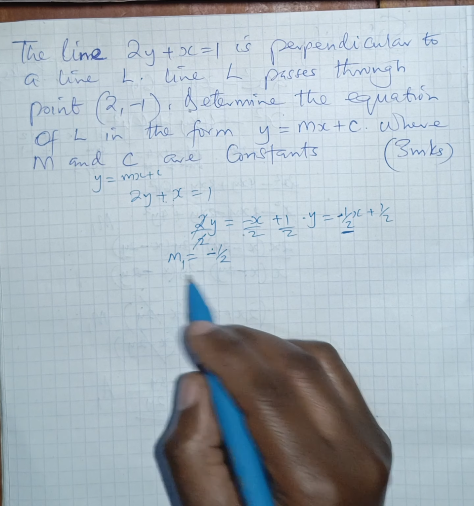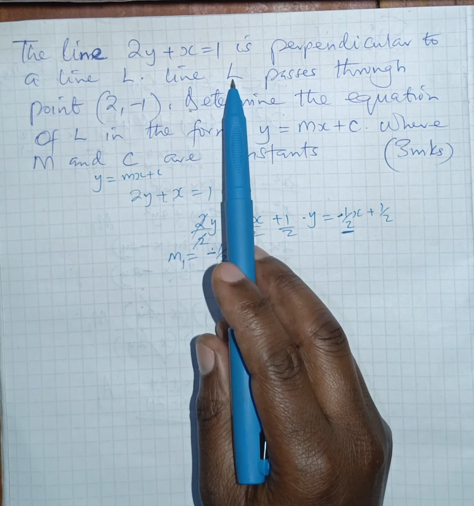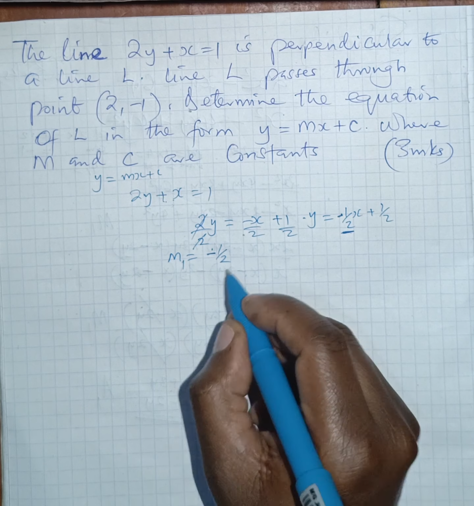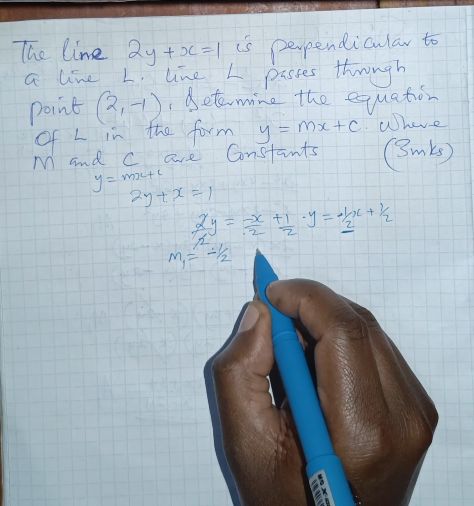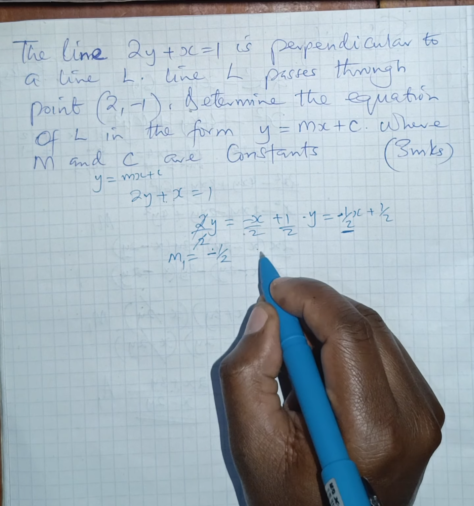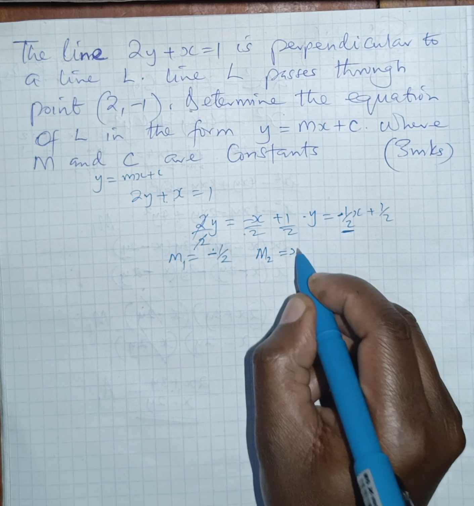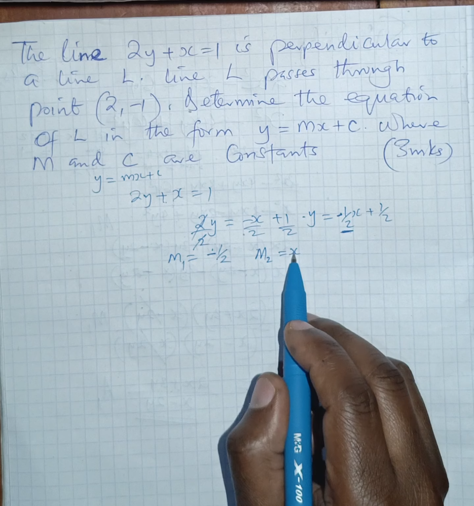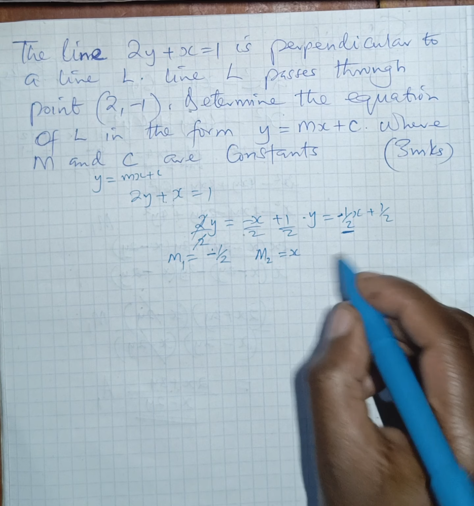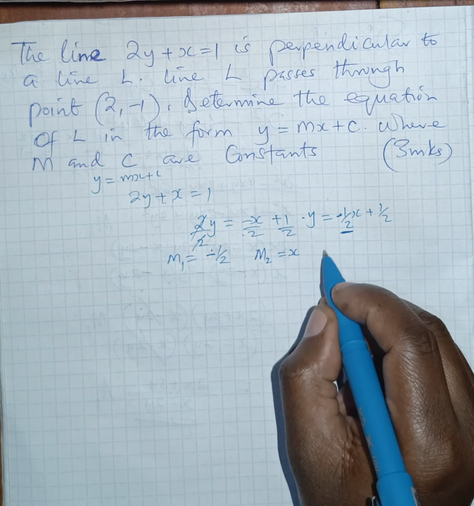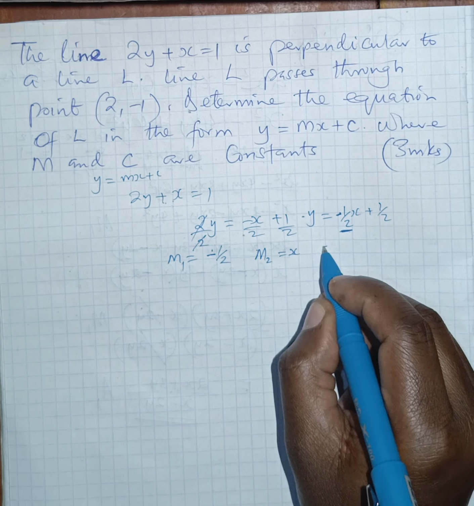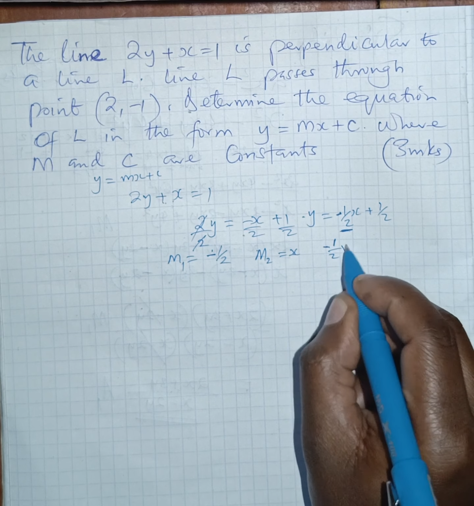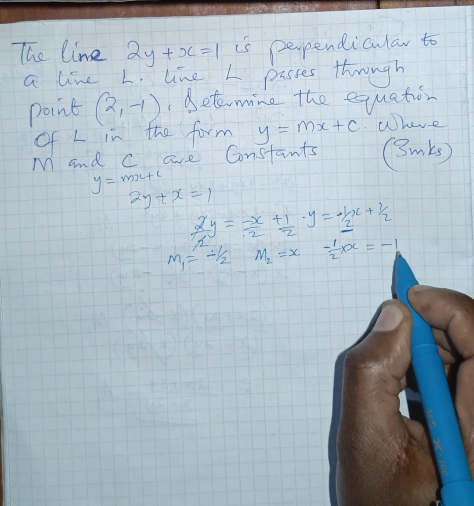Now the gradient of the other line, which is L, let's give it an unknown, whereby we say m2 is x. But we know the product of this gradient and this gradient must be -1. So I say now negative half times x must be equal to -1.